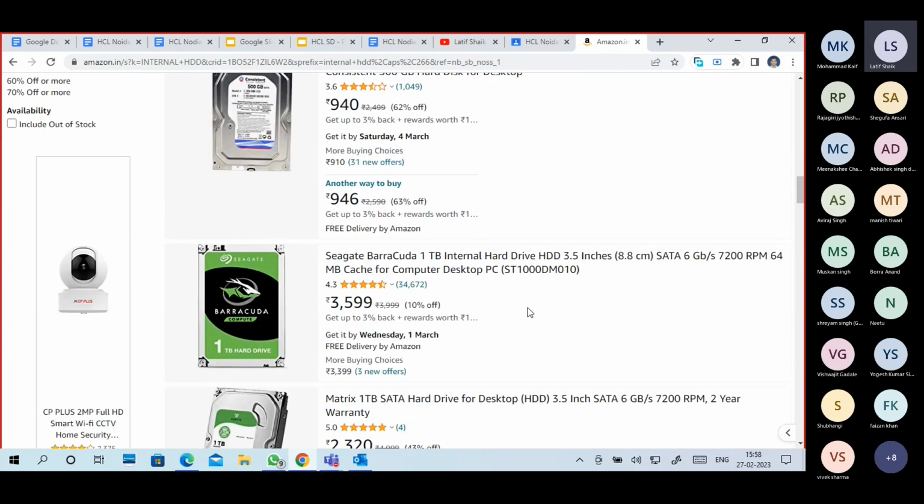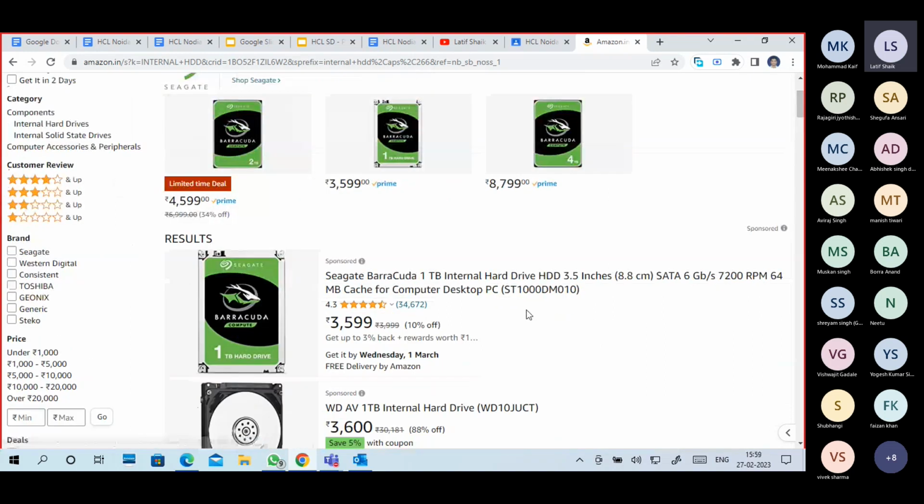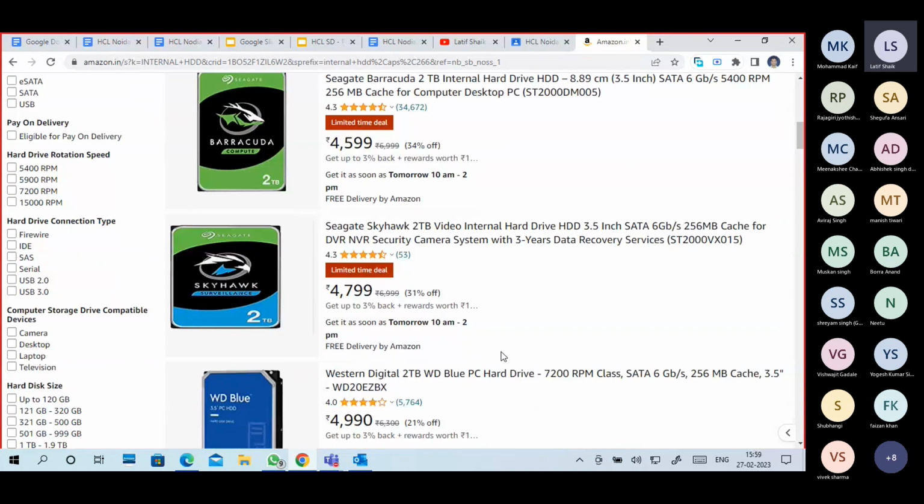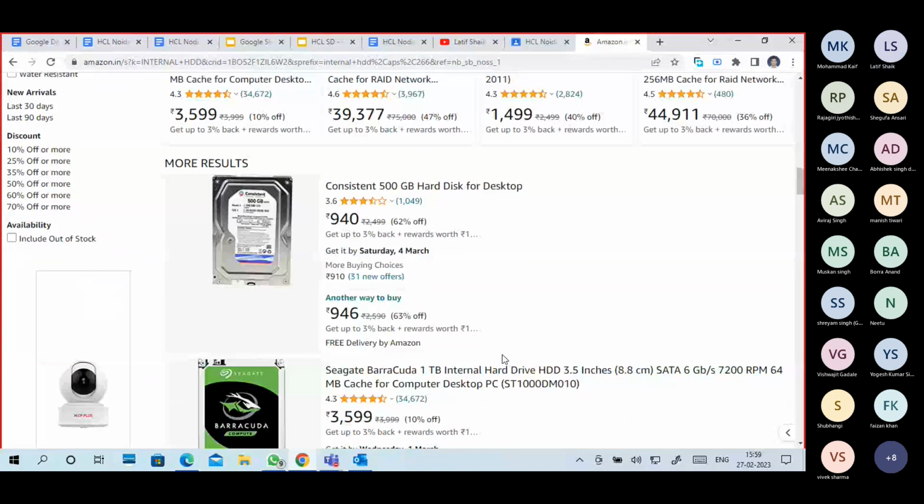How do you understand it? Because it is bigger in size. Guys, a 3.5 inch hard disk means it is for desktop purpose.